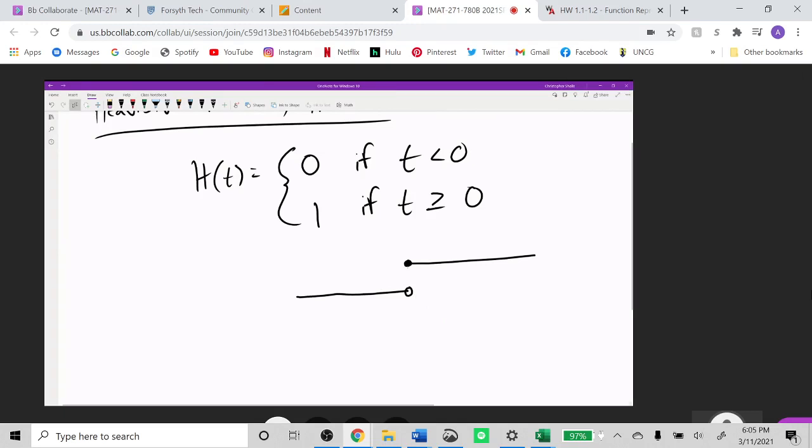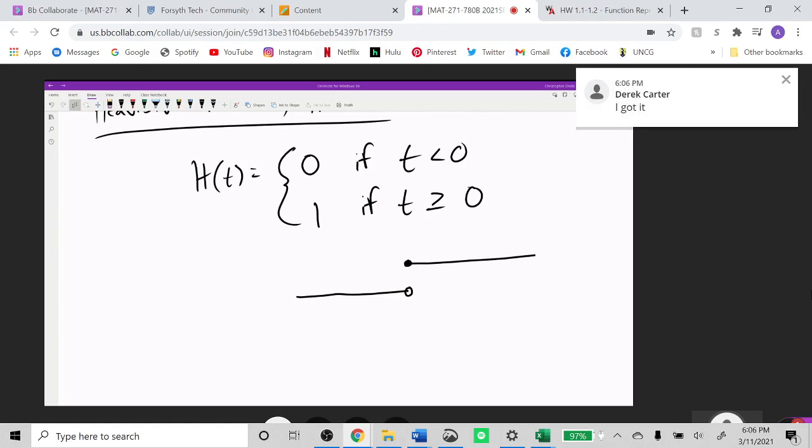This is supposed to represent an electrical current that is switched on at time t equals 0.